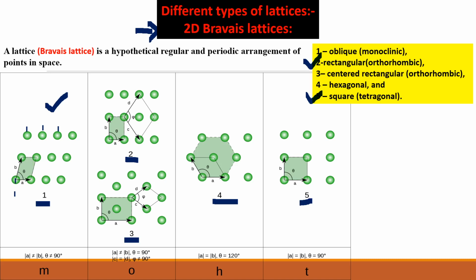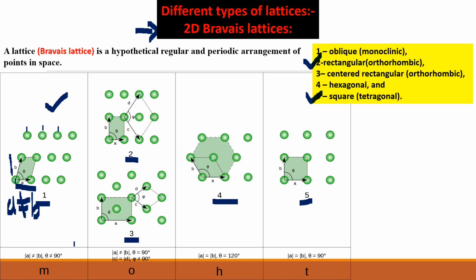It means the distances along the A and B axes are not the same, A is not equal to B.